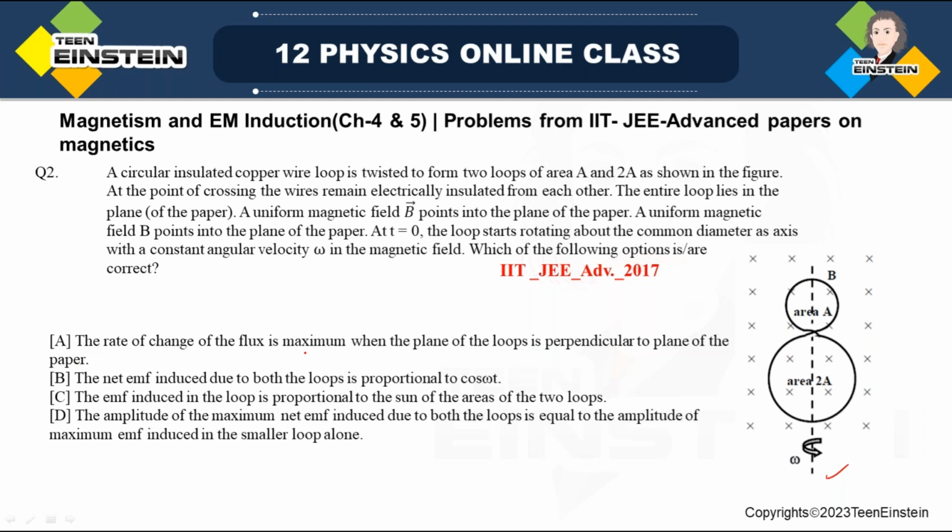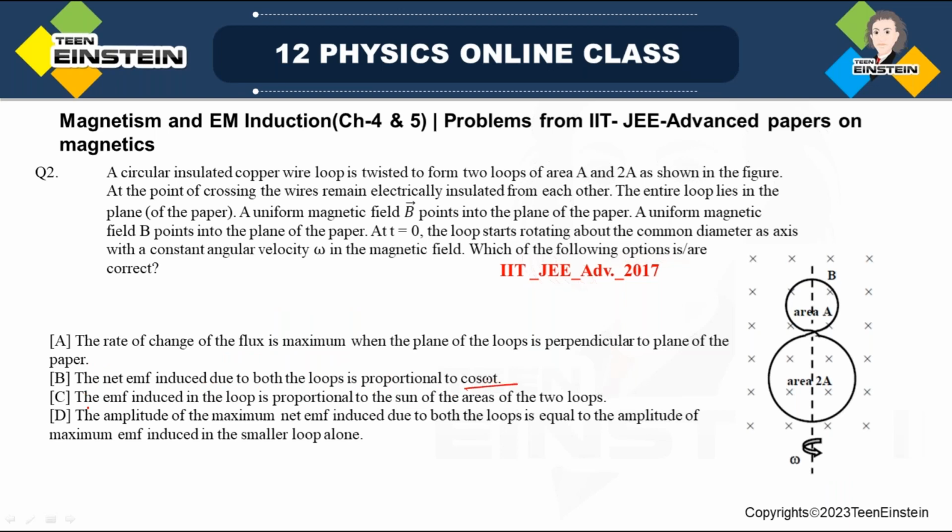The rate of change of flux is maximum when the plane of the loop is perpendicular to the plane of the paper. We have to see the rate of change of the flux. Rate of change of flux means EMF induced. The net EMF induced due to both the loops is proportional to cos omega t.